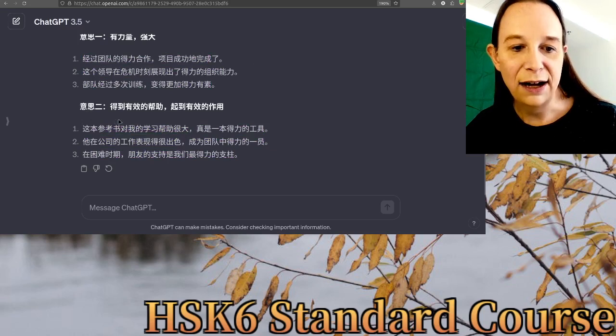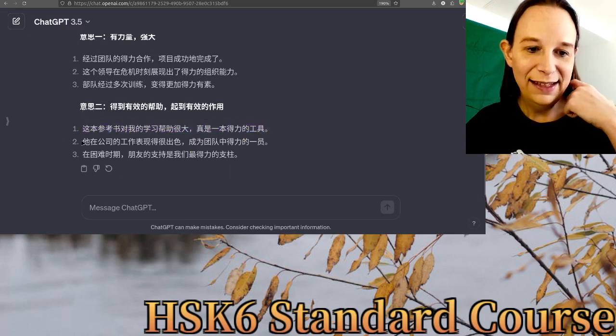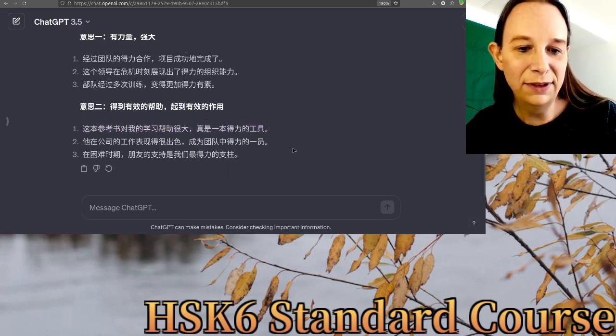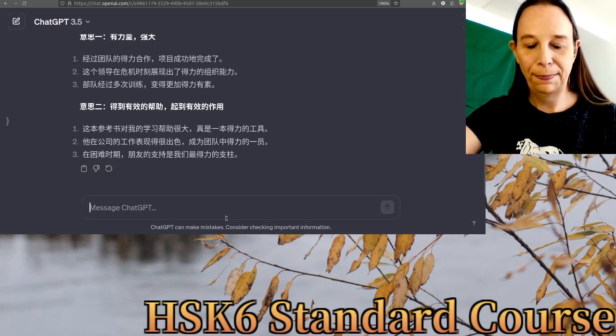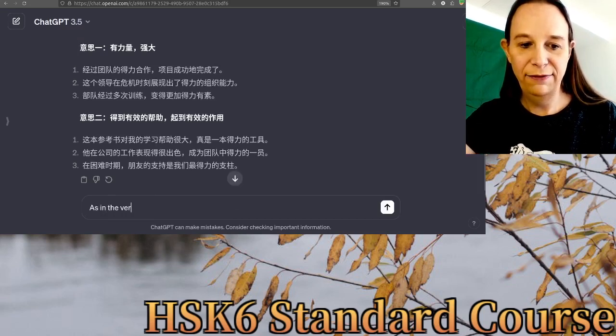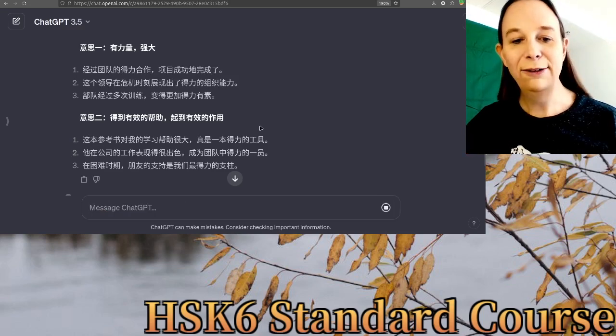这本参考书对我的学习帮助很大，正是一本得力的工具. No, this is adjective as well. 他在公司的工作表现得很出色，成为团队中得力的一角. No, as in the verb 得力于. What about? Maybe I'll just put 得力于.